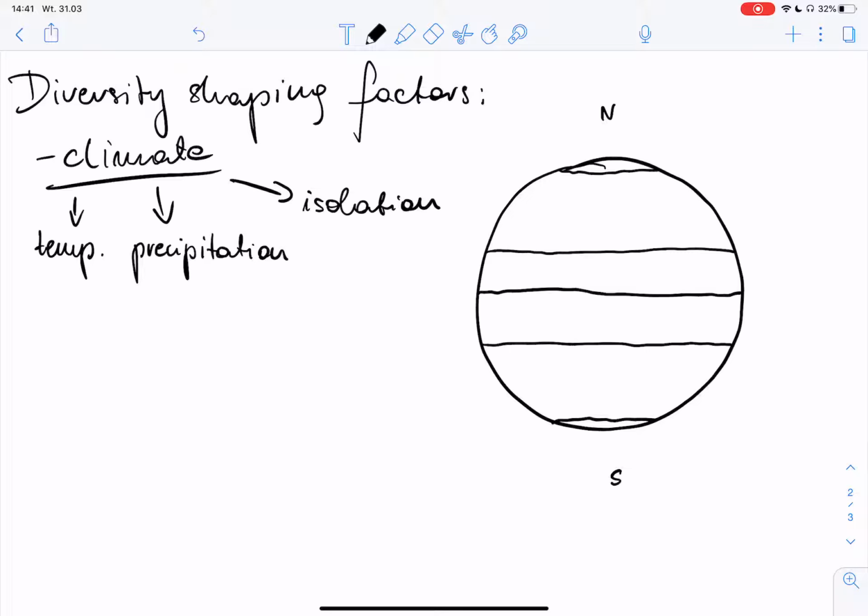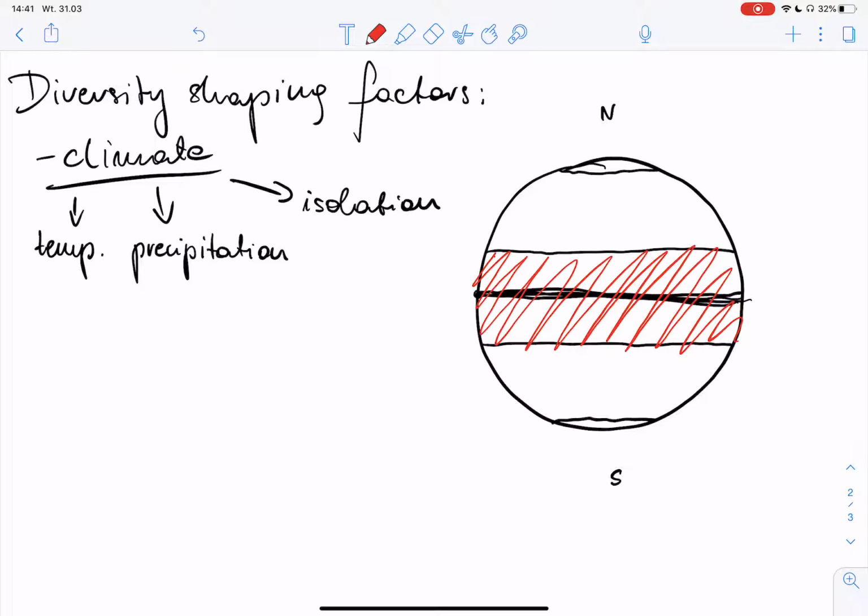And guys, it turns out that the closer to equator and in the zone in between tropics, the biological diversity is the biggest. It's absolutely the biggest.